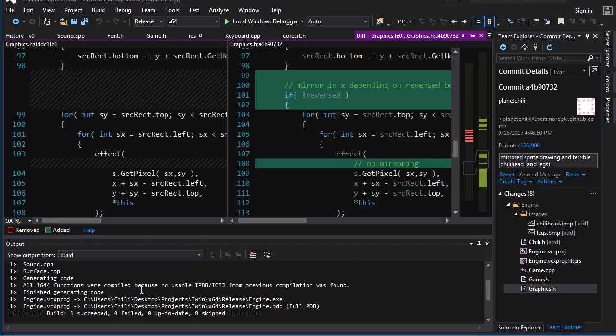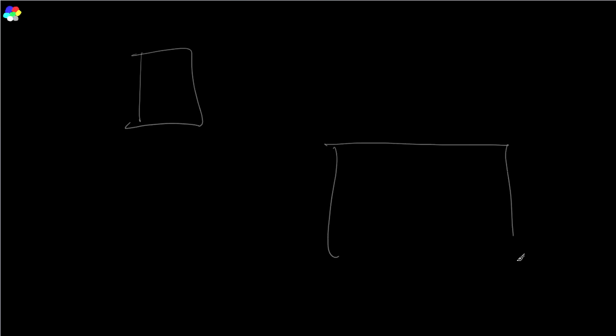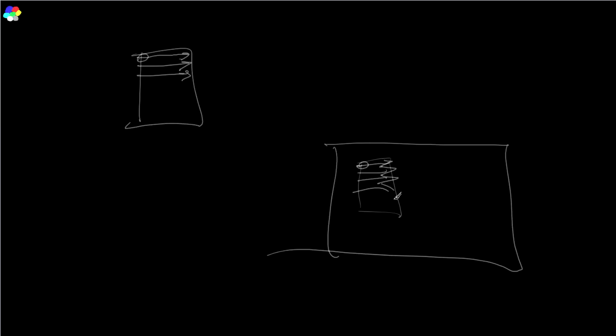So I will tell you just for quick little explanation here. What you do when you draw a normal sprite, right, is you got your sprite, you got your screen. Your sprite is going to go somewhere on the screen. You scan left to right, top to bottom through your sprite, and you read pixel values from here, and you draw them here, scanning again left to right, top to bottom on the screen.